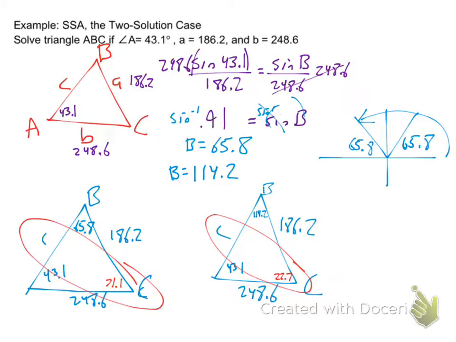Are you guys okay with me leaving it at this point? But you should notice that we came up with 2 different B's, 2 different C's, and 2 different little c's. 6 things we had to find because there was 2 angles that worked.